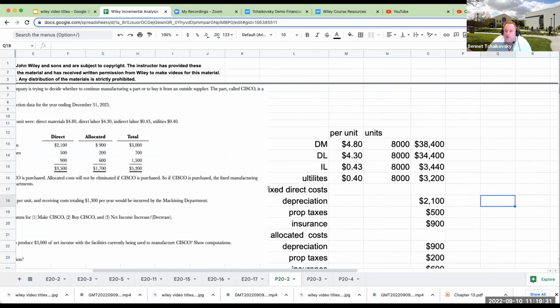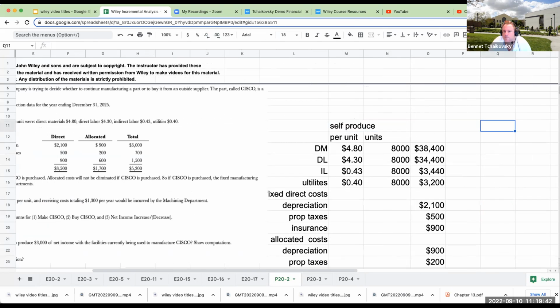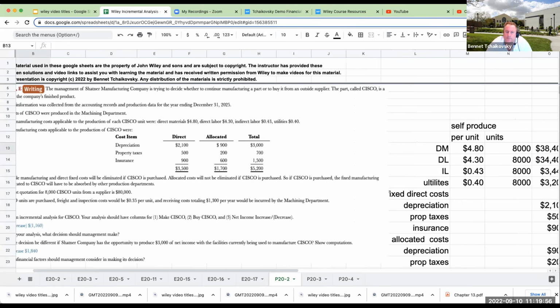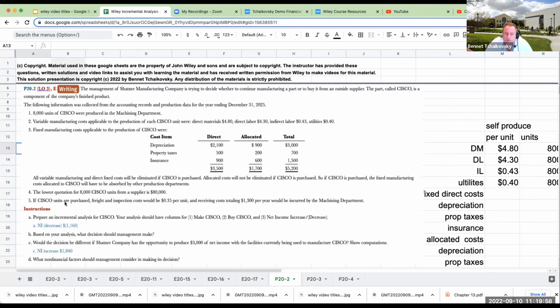Okay, so over here, this is build ourselves or self-produce, versus purchase outside. So if we purchase outside, cost would basically be 80,000. Now at the same time, if Cisco units are purchased, freight and inspection costs will be 35 cents per unit.